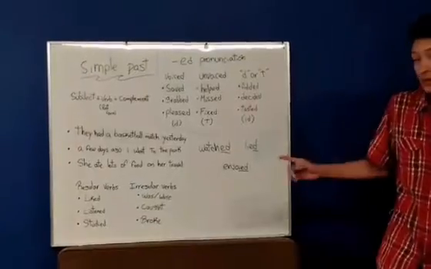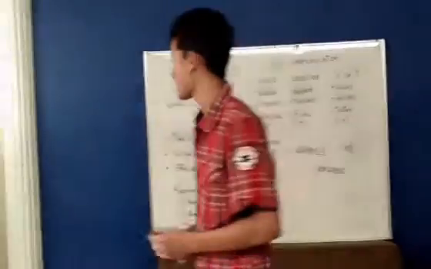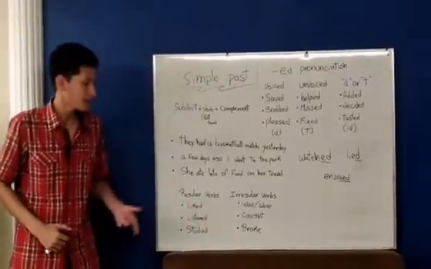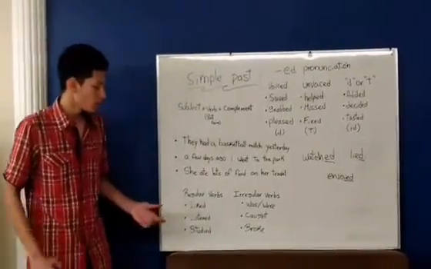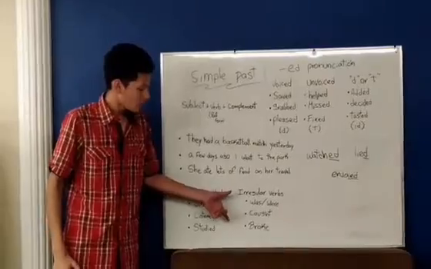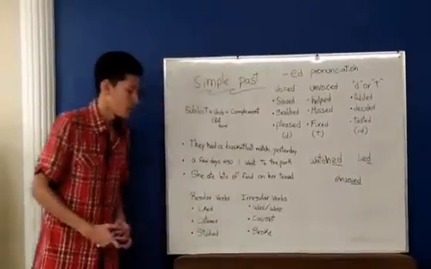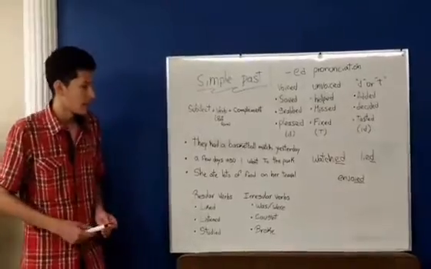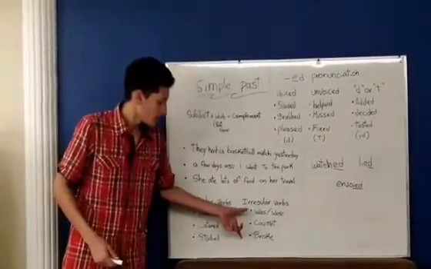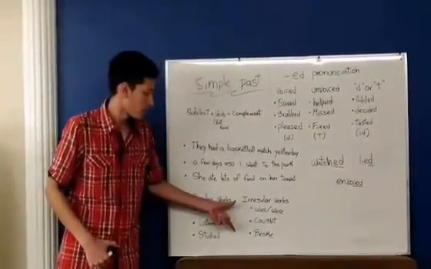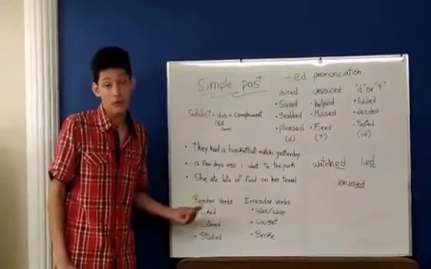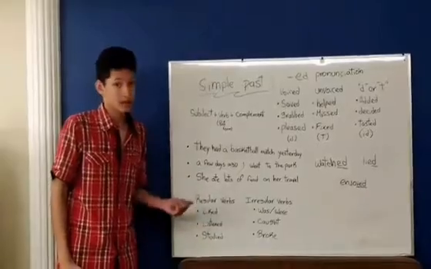And now the irregular verbs. These ones are verbs that don't have rules to follow to let us know how to transform them. We just have to learn them by memory. These are examples of irregular verbs, like was or were, which is the past form of the verb to be, is and are.